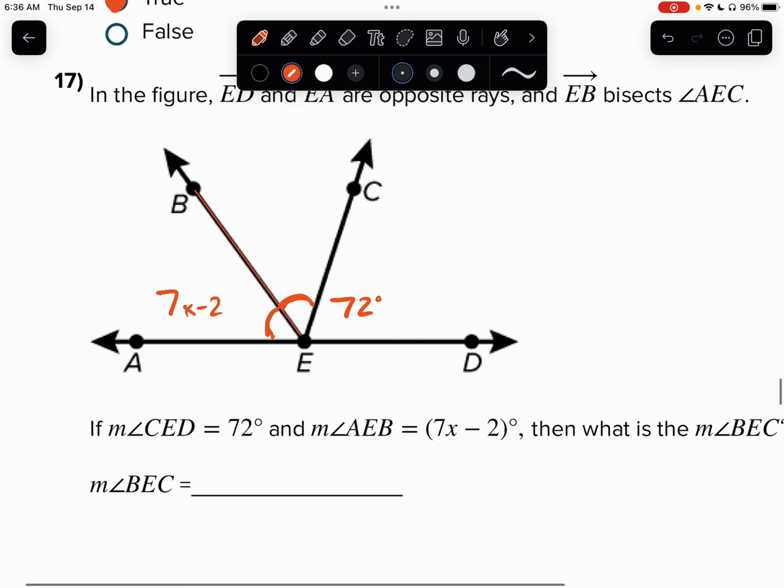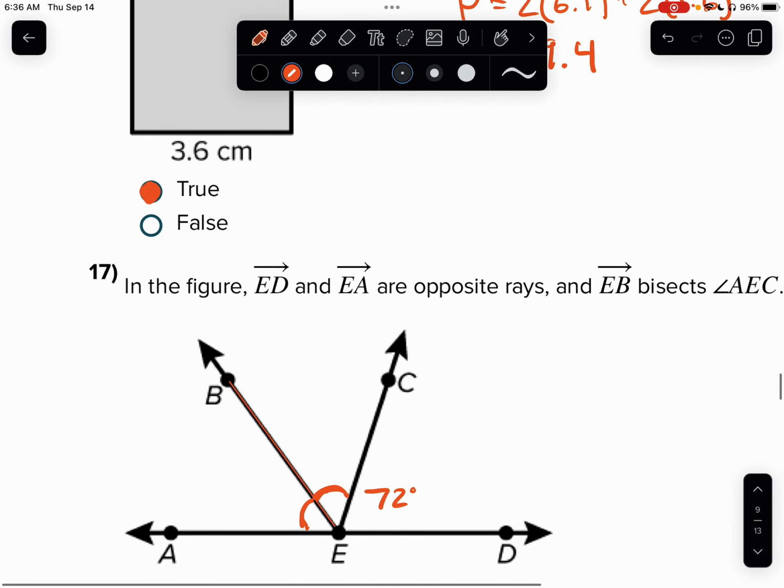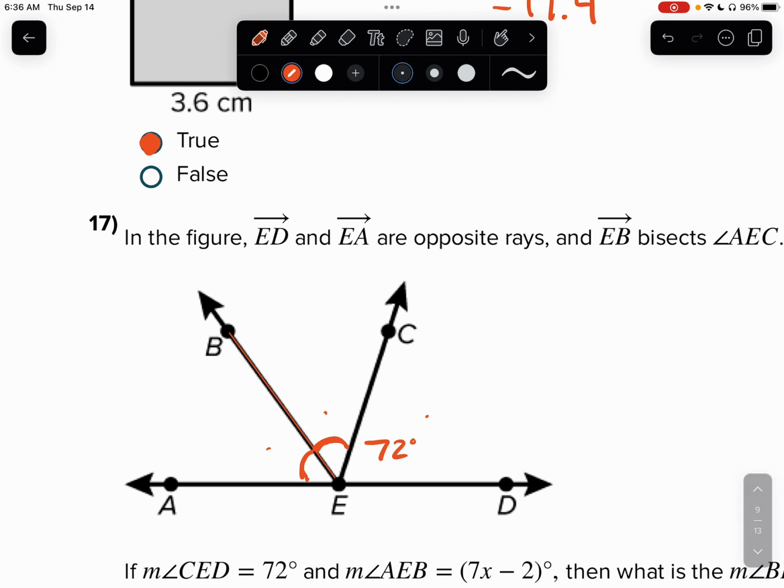Okay, so just like with number 2 that we did, if I know that this is 7x minus 2, I know that this is also 7x minus 2, and then I can add them all up to 180. However, an easier thing I could do is ignore the 7x minus 2's for a second. I know that these 3 angles all have to add up to 180.